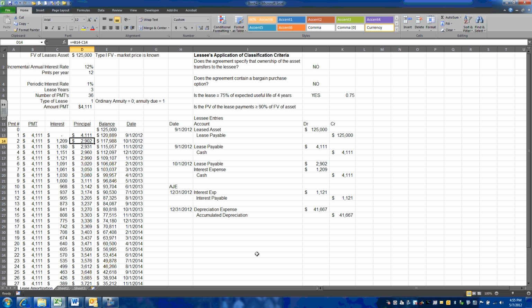And at the end of any reporting period, we're going to need to make adjusting journal entries to recognize any interest expense that was accrued but not yet paid, and to record depreciation based on the life of the lease, unless there is a transfer of the asset or a bargain purchase option, in which case we will depreciate the asset over its useful life.